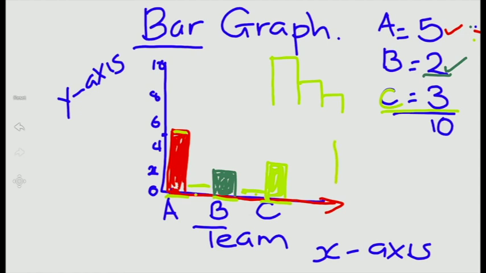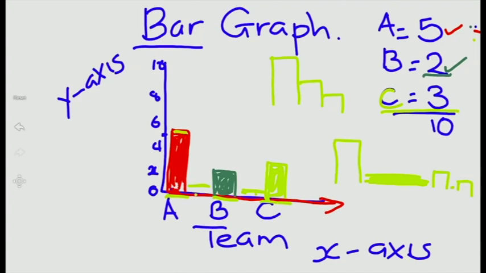You can't have bar 1 here and bar 2 here and bar 3 here. The space in between is not equal. So make sure that the spacing between your bars is equal.